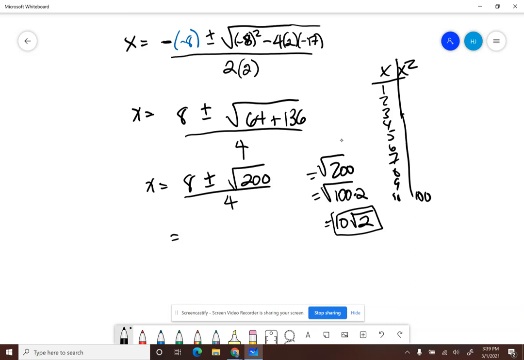So let's rewrite the answer that we're going with here: 8 plus or minus 10 radical 2 over 4. Now, here's what I want you to think about: greatest common factors. Is there any number that will go into 8, that will also go into 4, and that will also go into 10? Just think about that for a second. What number will go into 8 and 4 and 10?